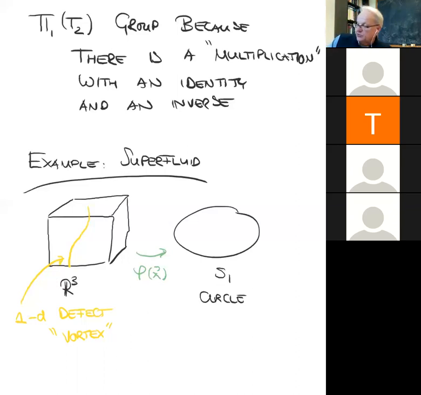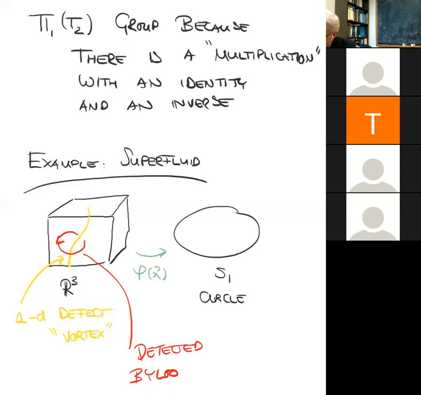So I can draw an object which is a one-dimensional defect called a vortex. How do you detect a defect that's one-dimensional in a three-dimensional world? It's actually still just a loop. So if you wanted to detect a point-like defect in 3 dimensions, we'll see that in a second. The way to detect that is a sphere. But a line-like defect in 3 dimensions, it's still detected by just a loop around it. So this thing is detected by loops that go around it. Okay, and so what happens when you travel around this kind of one-dimensional vortex-like defect?